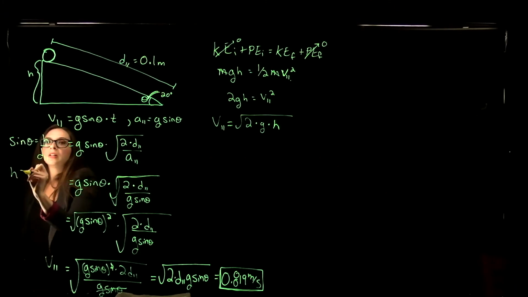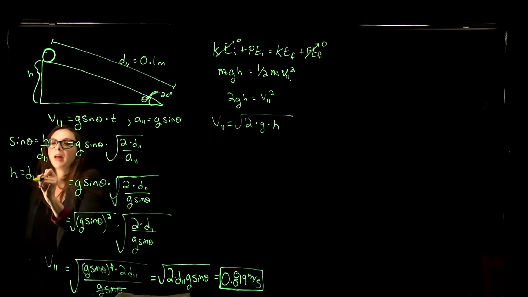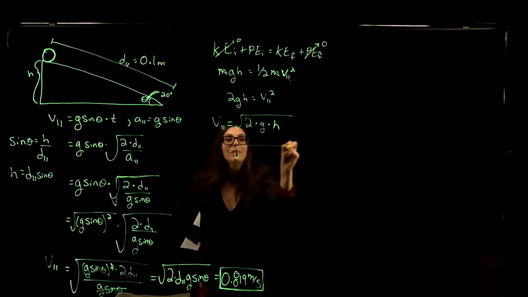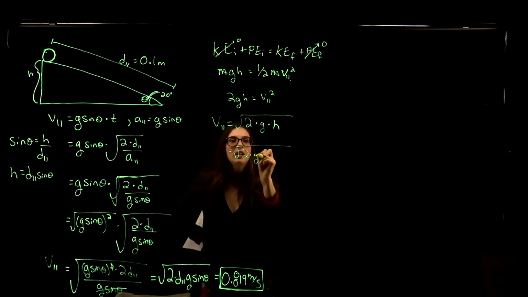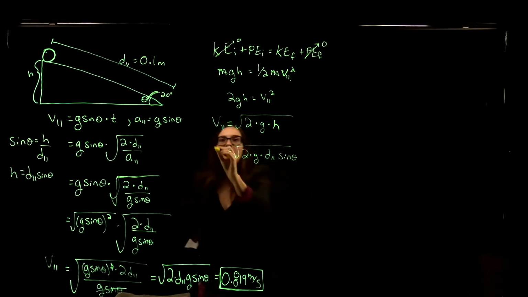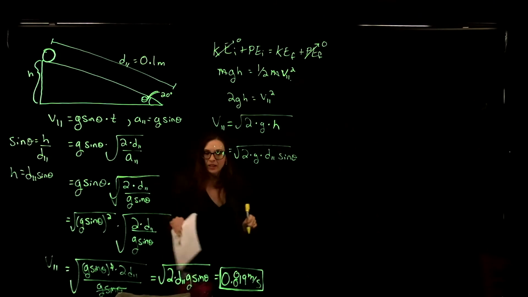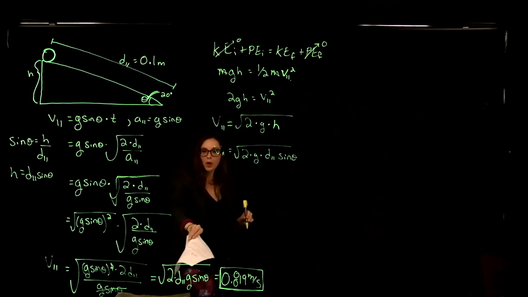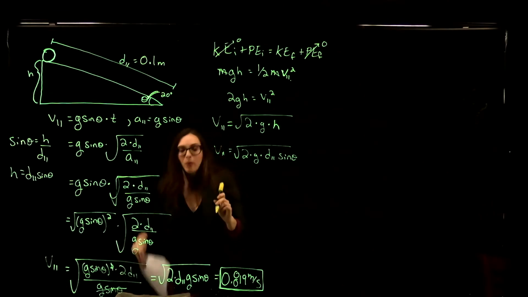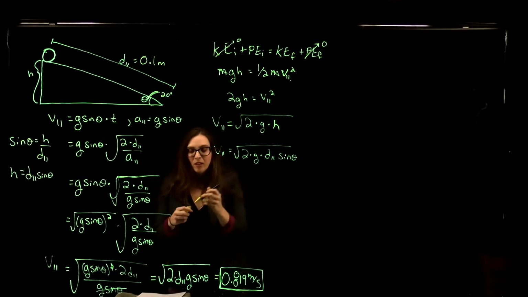So h is equal to d parallel sine theta. So I can replace this h here with 2g times d parallel sine theta. And so this velocity is exactly the same as what we found right here when we were using our kinematic approach way back at the beginning of the semester.